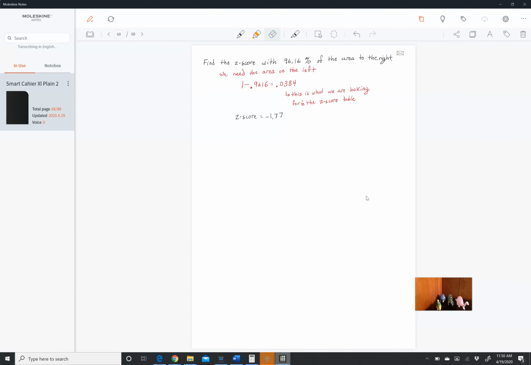so something else to note, sometimes the area isn't in the table, okay? In all of these cases, the area has always been in the table. If it's not, then just use the area closest to it. So I'm putting that note in here now, and then we'll do some examples where you'll see that that has to be true, okay? So if you don't see the exact area in the z-score table, and I'm going to write standard normal table here so that you can get accustomed to both.